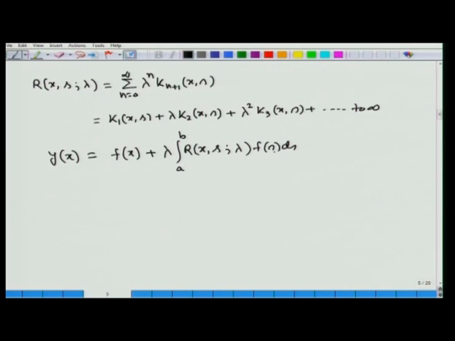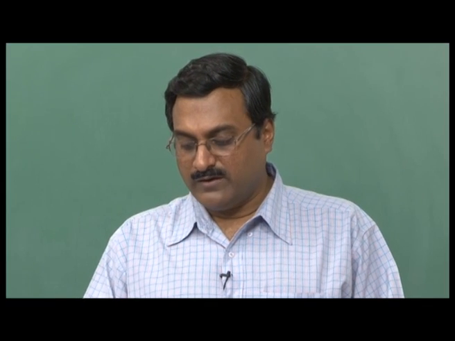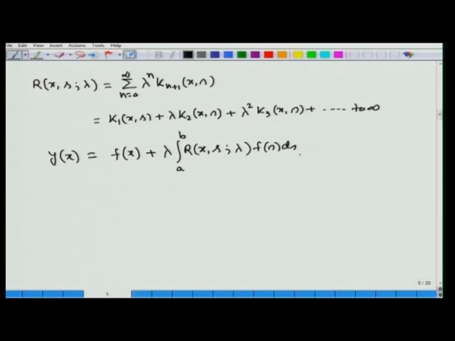This is actually the solution to the given problem, and this series, that is k1(x,s) plus lambda k2(x,s) plus lambda square k3(x,s) plus dot dot up to infinity, is called the Neumann series. This is the solution of this Fredholm integral equation of the second kind, which is a non-homogeneous equation, in terms of the resolvent kernel.